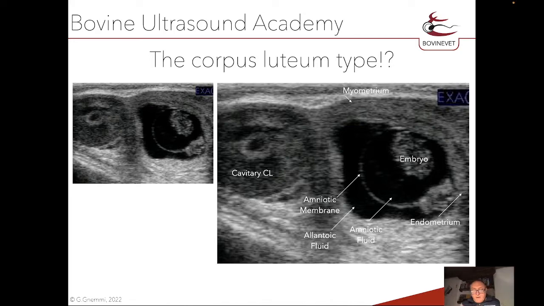This has convinced some sonographers to consider the presence of the cavitary corpus luteum at the time of the early diagnosis of gestation/no gestation made between 25-28 days post insemination as a critical sign for the gestation, a sign of no gestation.